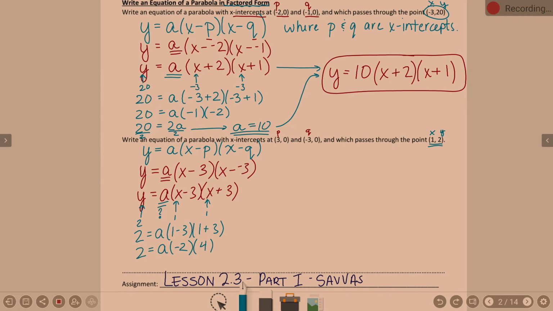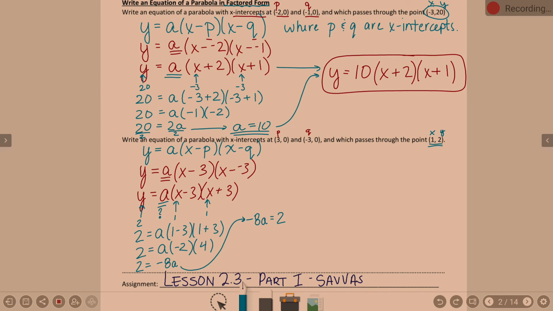Negative 2 times 4 times a is negative 8a. I think I'm going to bring this one over. So I have negative 8a equals 2.